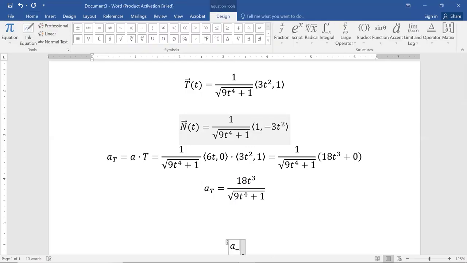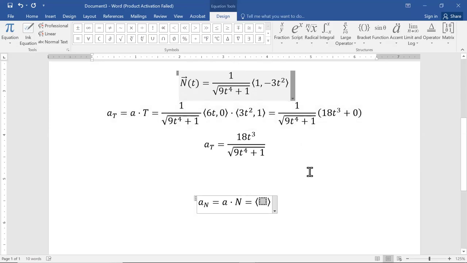The dot product calculation of a sub n is going to take my acceleration vector. We already saw that. And multiply it via dot product by my normal vector. This is a sub n, so we're going to use the normal vector. Imagine those are vectors instead of just letters there.